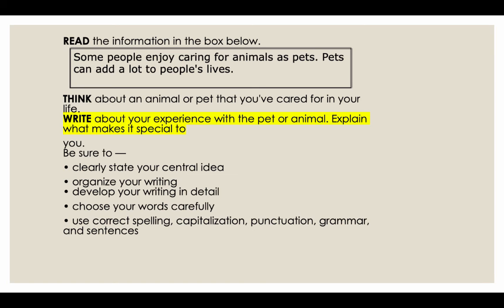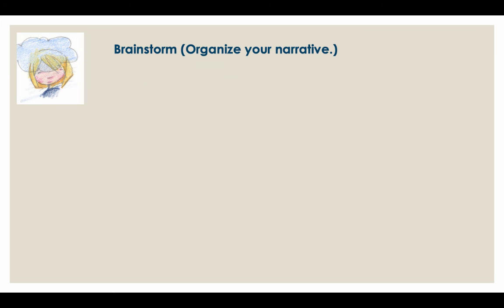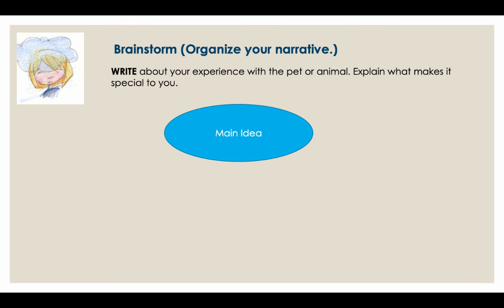Now, what I want you to do, don't write yet. I want you to do your brainstorming. I want you to make that diagram. And first of all, you need to say what your main idea is. And think about the prompt. There's your prompt.